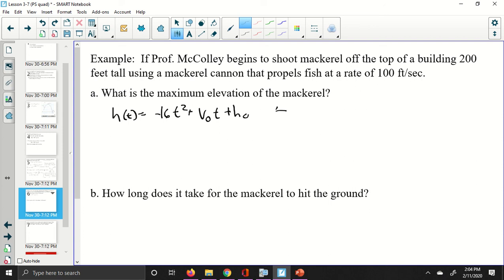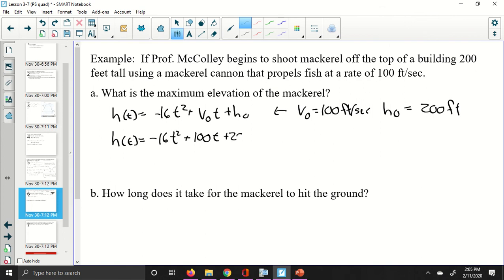And we are given in the directions that v sub 0 is equal to 100 feet per second. And h sub 0 is equal to 200 feet. So I can go h of t equals negative 16t squared plus 100t plus 200.